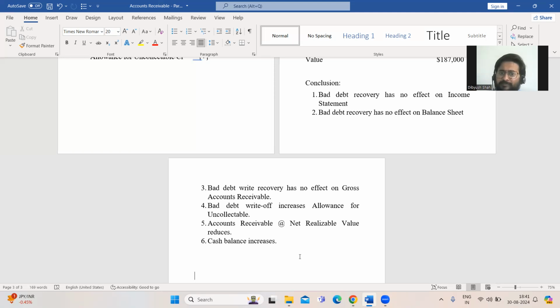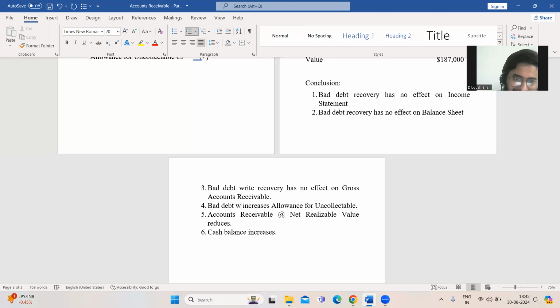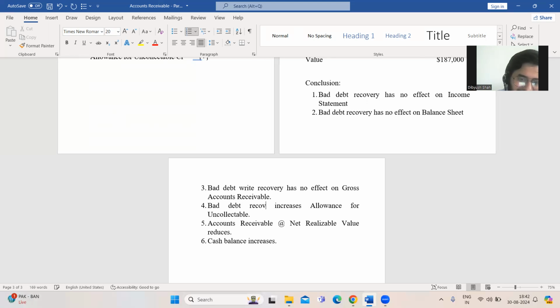Bad debt recovery increases the allowance for uncollectibles. Now, gross AR is the same, allowance balance has increased, so AR at NRV will reduce and cash balance increases. So this is it, guys, for the discussion on bad debt recovery.